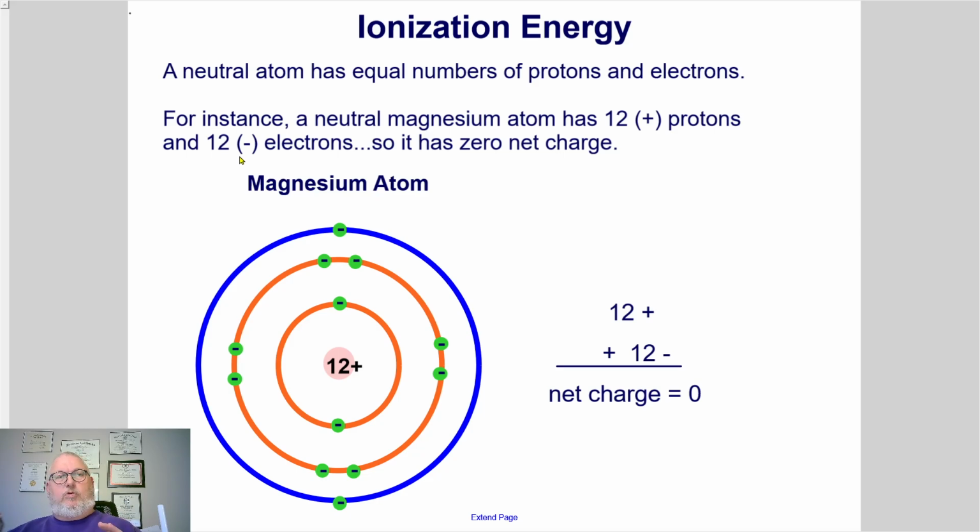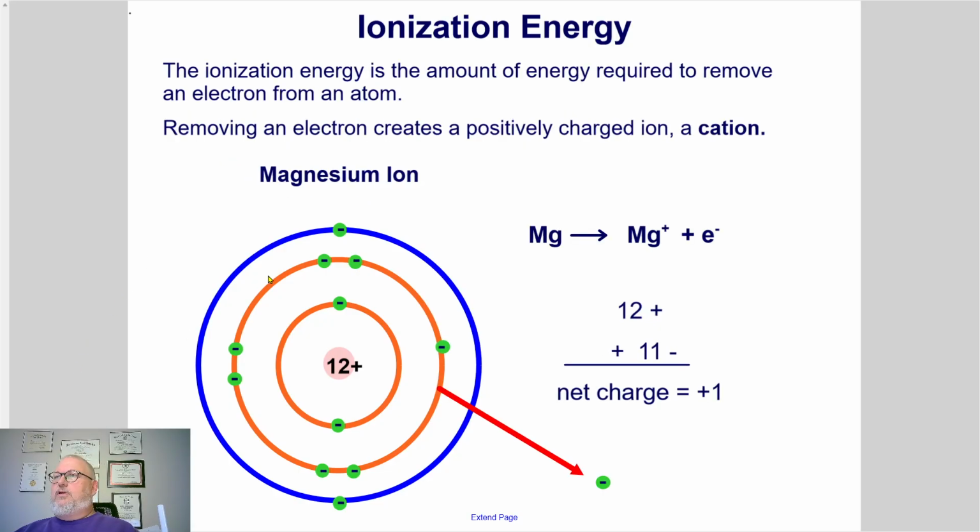It's neutral, so it's going to have 12 electrons, with a zero net charge. Now, the amount of energy that is required to remove an electron, we call the ionization energy.